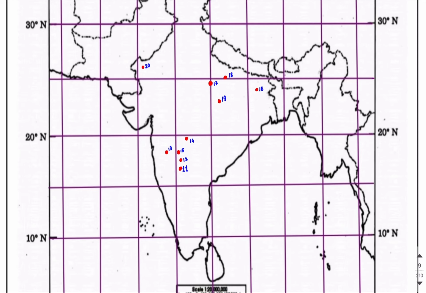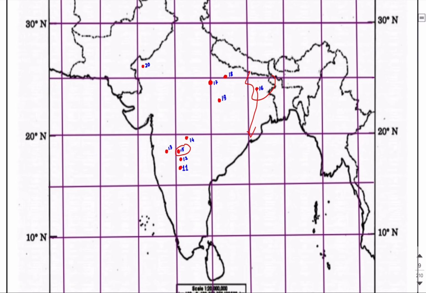Now till now we have completed the 15th number. Now let us move on to the 16th. This is present in Bihar. The Paleolithic site found in Bihar is Paisra. Okay, it is present in the Munger district of Bihar.